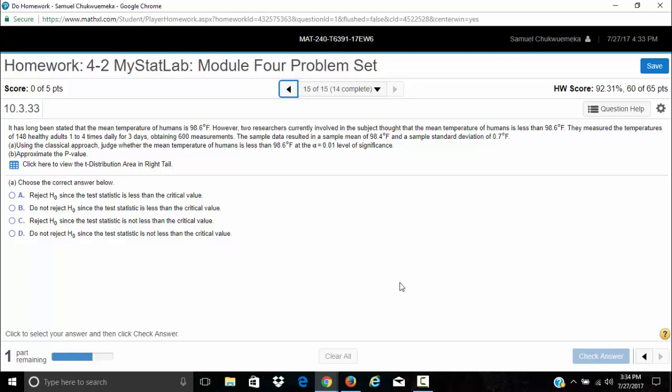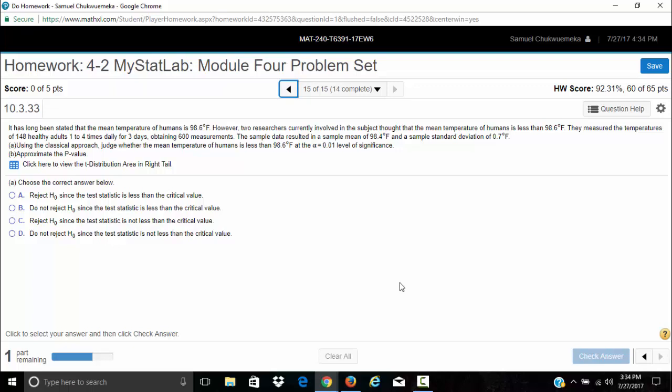They measured the temperatures of 148 healthy adults 1 to 4 times daily for 3 days, obtaining 600 measurements. The sample data resulted in a sample mean of 98.4 degrees Fahrenheit and a sample standard deviation of 0.7 degrees Fahrenheit.